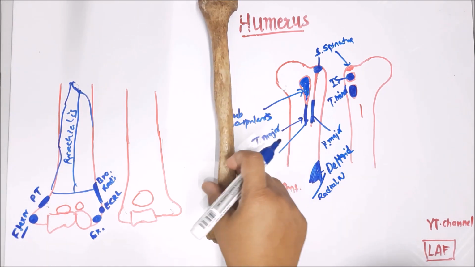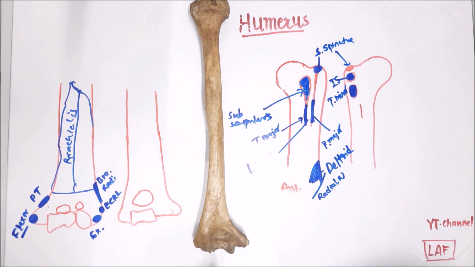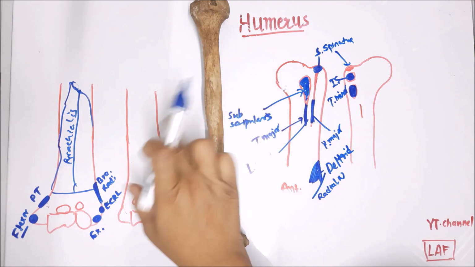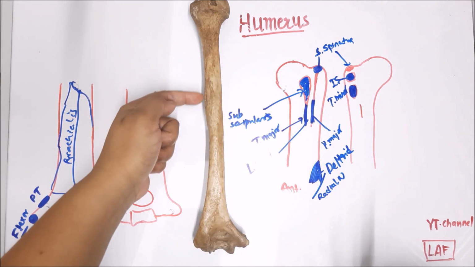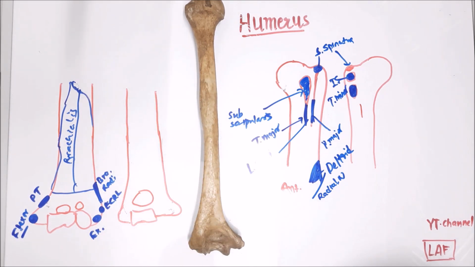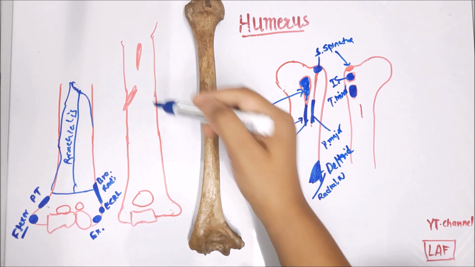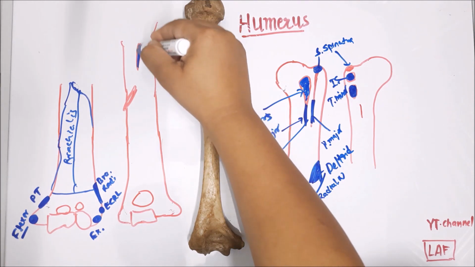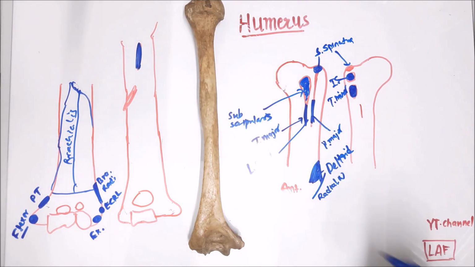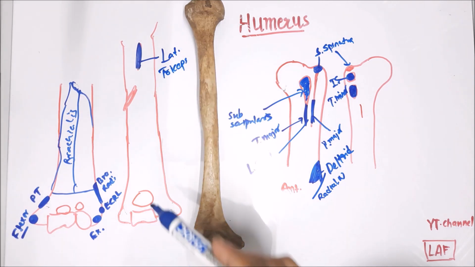On the posterior side, we have already seen that at the deltoid tuberosity there is the insertion of the deltoid muscle. On the posterior side, one vertical ridge is there, and from here is the origin of the lateral head of the triceps.